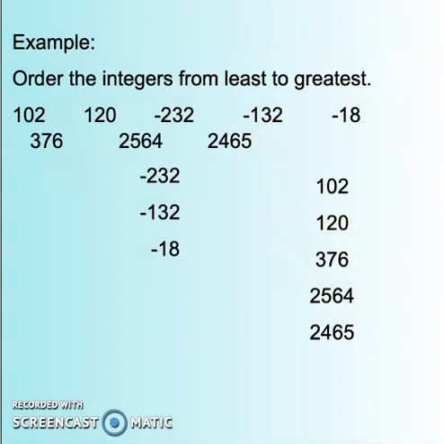If I keep going, if I compare this 376 and then the 2,564, would you agree that 376 is smaller than the 2,564? Yes. And actually 300 anything is bigger than the 100s.